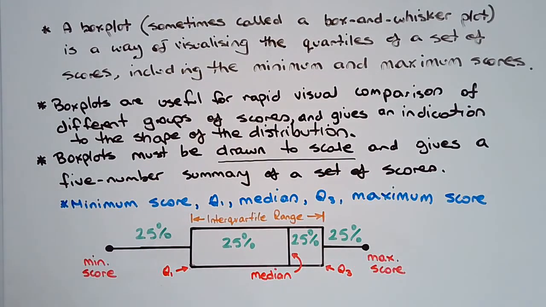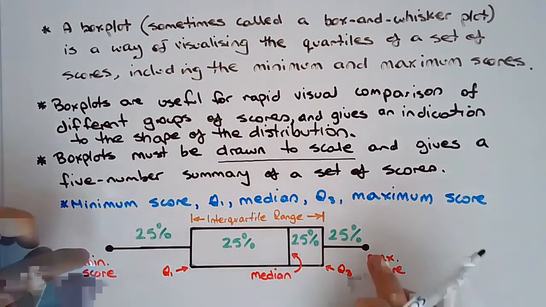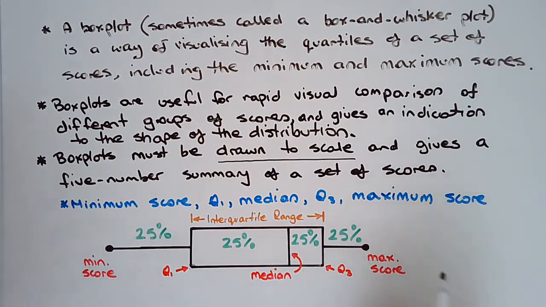This could be useful for looking at exam results between various tests to show potential improvement, for example from term 1 to term 2 to term 3, assuming the difficulty level is identical. We could see that from the box itself. The outliers, if there are any, will obviously be right at the ends of the whiskers.